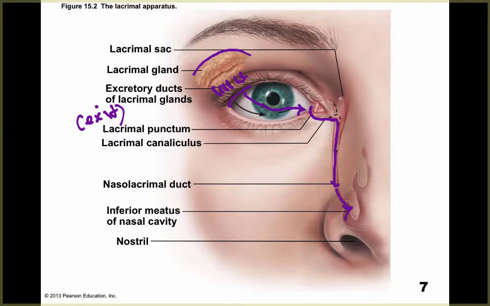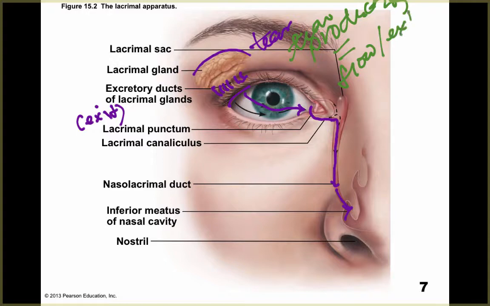So all the time you're producing tears, and basically tear production equals the flow or the exit through the punctum. So that's why you don't have problems with your eyes running or tears coming out.